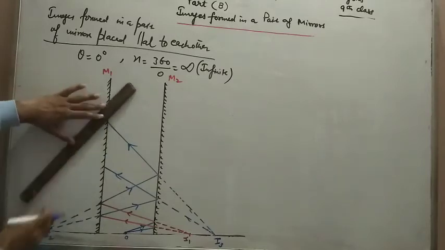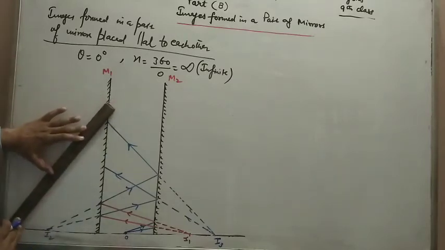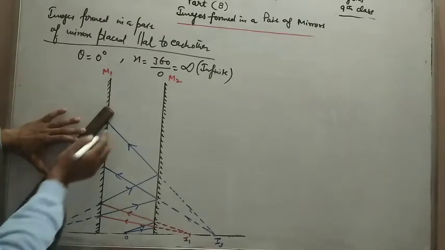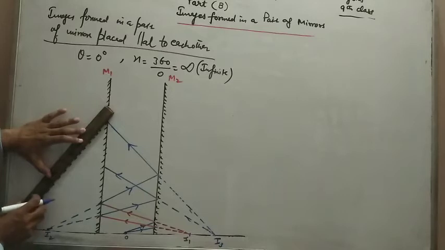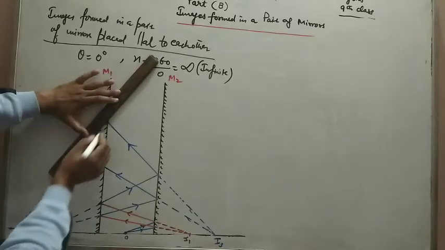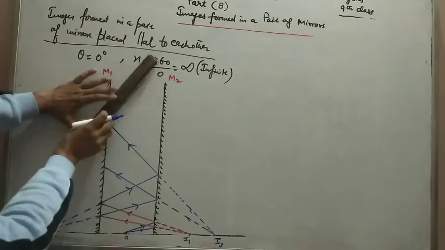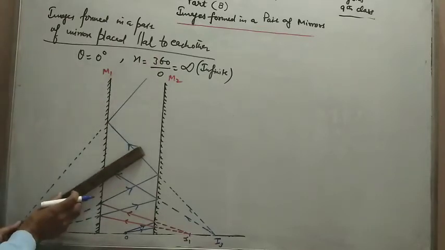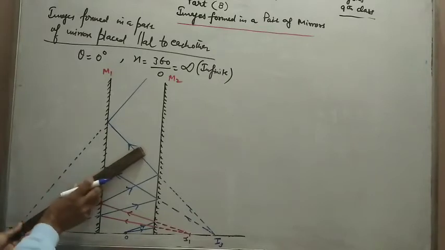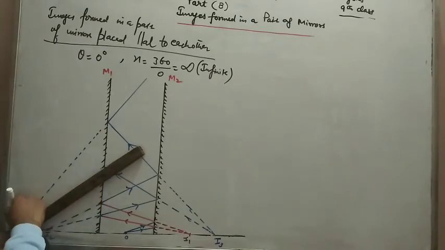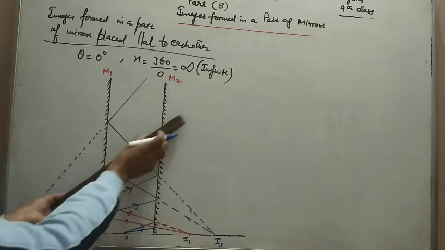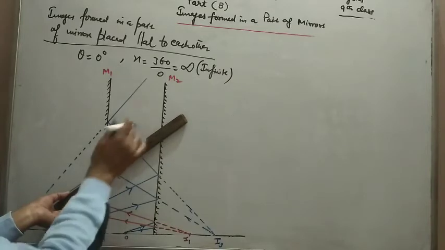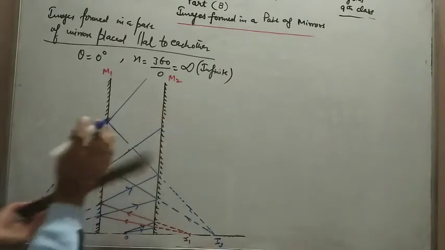Another set I will get from here. This ray you have to place in the forward direction, and here is another virtual ray. This is the reflected ray.